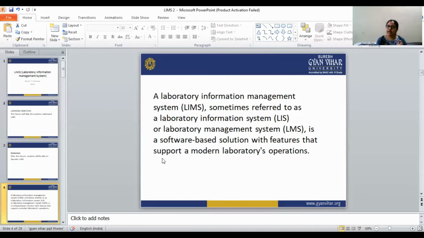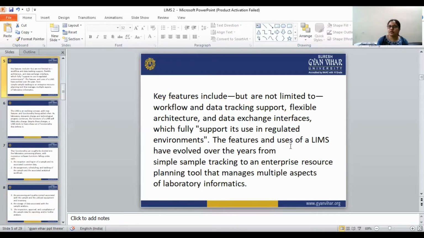So the LIMS is a software solution with some features that support a modern laboratory's operations. What are the key features included in the LIMS? First is workflow and data tracking support, flexible architecture, and data exchange interfaces, which fully support its use in regulated environments.